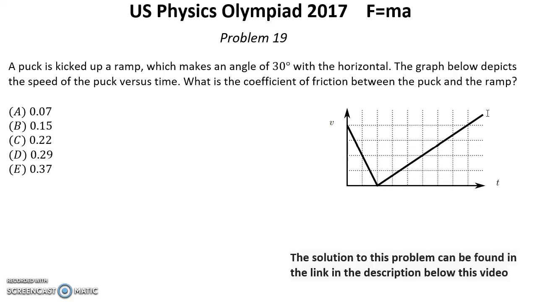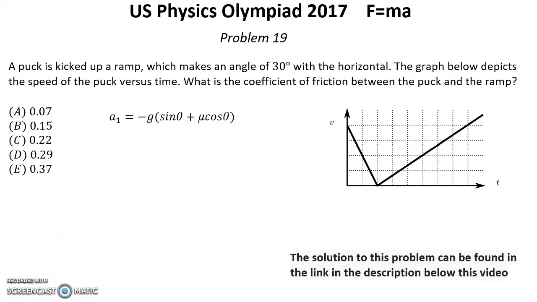And there are two equations to describe this motion. When the puck is going up, we have an expression for acceleration a1 equal negative g sine theta, which is the gravitational part, plus mu cosine theta, which is from the force of friction.